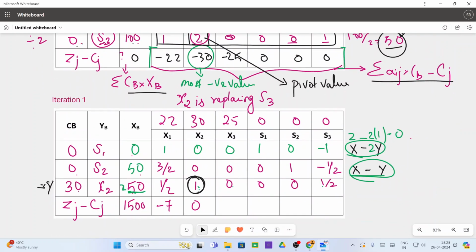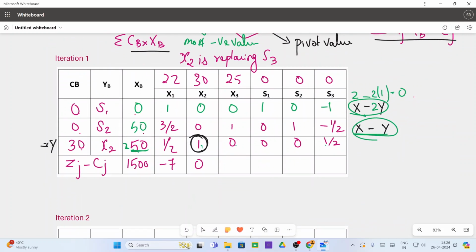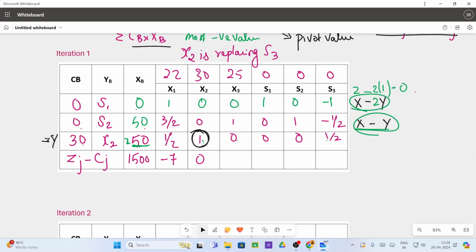So this particular value will be 1. Yeah, so now 0 into 0 is 0, 0 into 1 is 0, and 30 into 0 is 0.